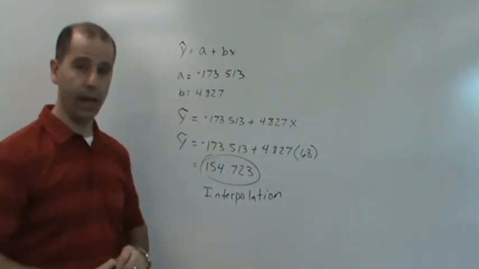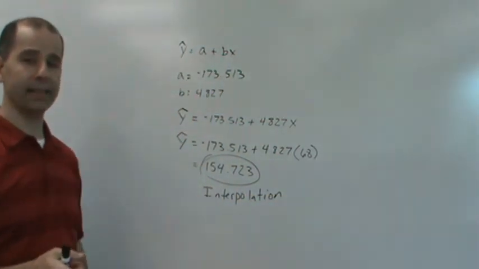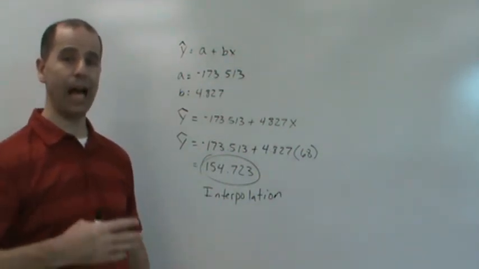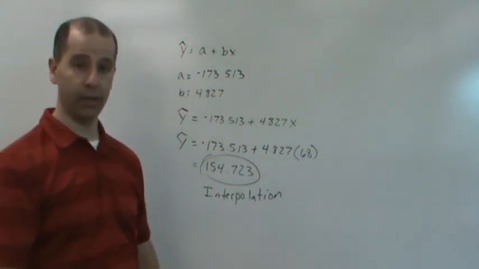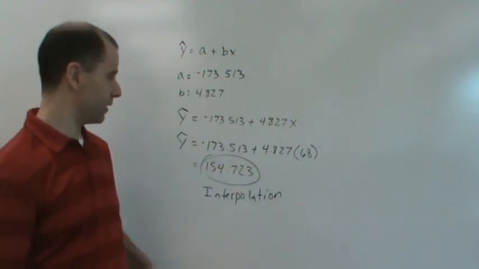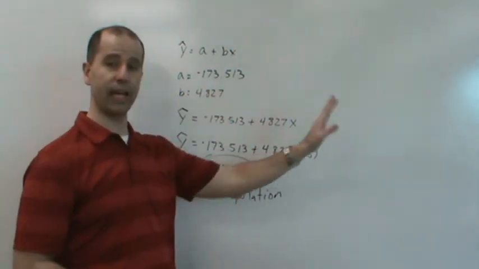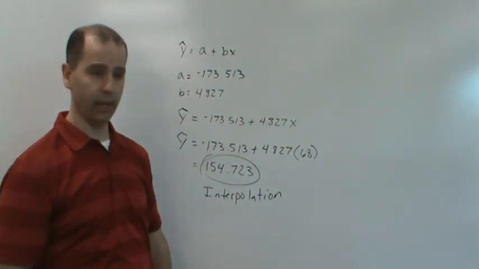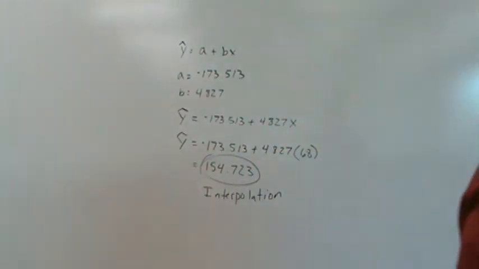Now, what if we wanted to predict a value that was outside the range of our independent variable, the domain of the regression line? Which means we pick a number that's outside the range of our x's. For example, the minimum value in our data set is 65, and the maximum value is 71.